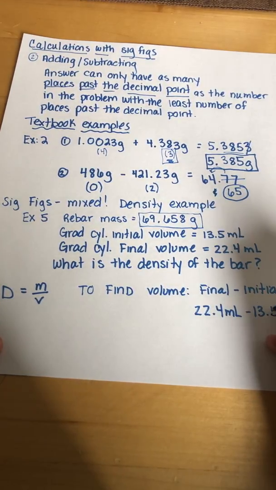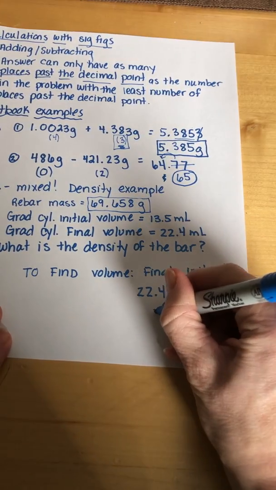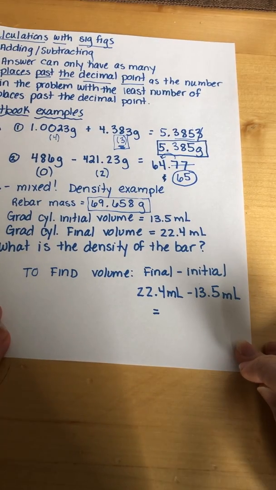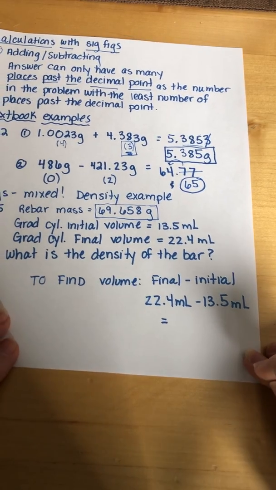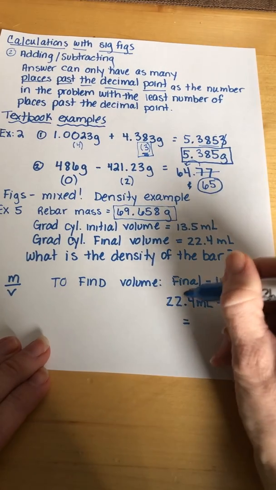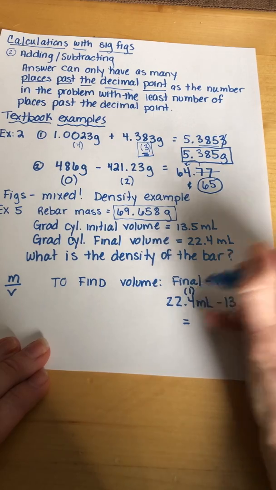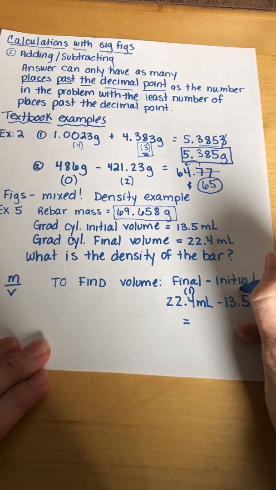Now, this first step in finding my volume requires me to subtract two numbers. So whenever I go to get this answer, I have to round this answer using the subtraction rules. So that means that, looking at this number, I just look at how many places are past the decimal point. This has one place past the decimal point.